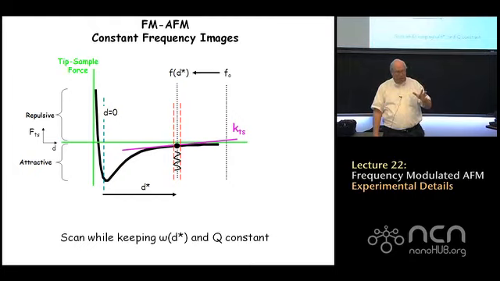That wisdom is being challenged now because various groups around the world are starting to show that if you do amplitude modulated AFM experiments carefully, you can also see atoms, right? It's just that you've got to know the right way to do that. So I think there's still a debate in the literature about the important features of FM AFM versus AM AFM in atomic resolution.